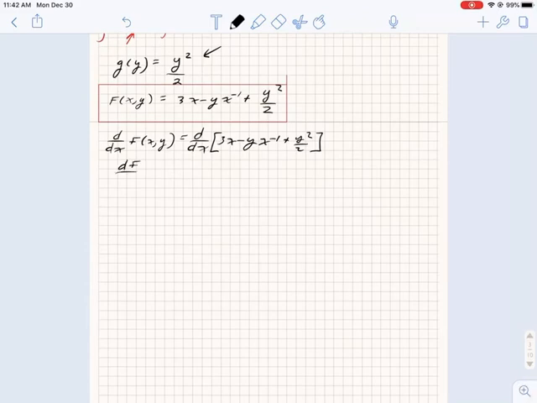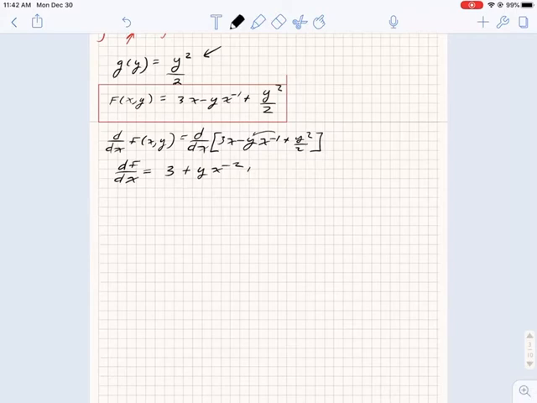So taking the derivative, we have d of f over d of x is equal to 3 minus y is a constant, so we're going to keep that there, and we're going to drop down this negative 1, which makes this a positive.